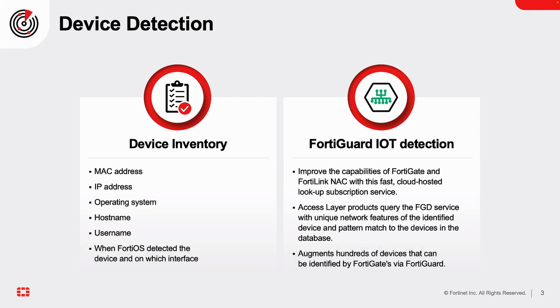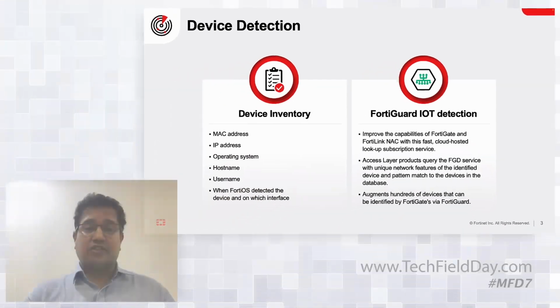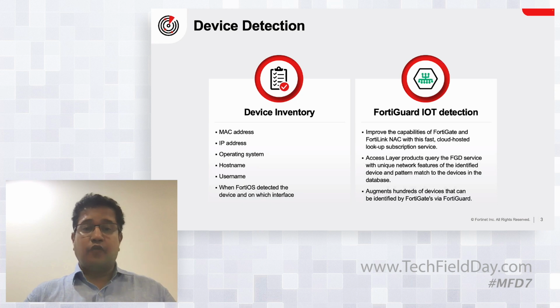On top of the supported device detection mechanism, we also have an additional FortiGuard service, IoT detection, which improves the capabilities of FortiGate and FortiLink NAC with fast cloud-hosted subscription services. Maybe most of you are already aware that FortiGuard is our cloud-based subscription service, which you can add on to your FortiGate, FortiAP, or any other services which need IoT detection and other areas of security fundamentals.